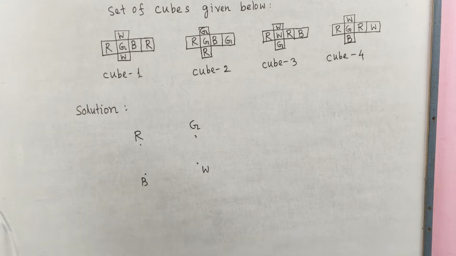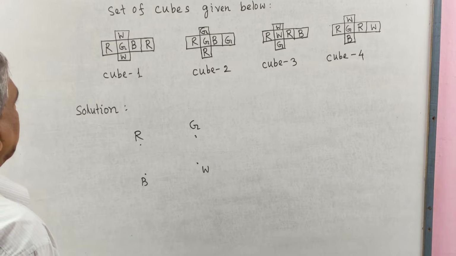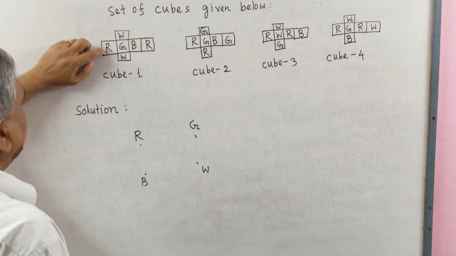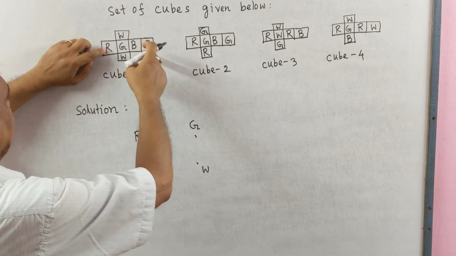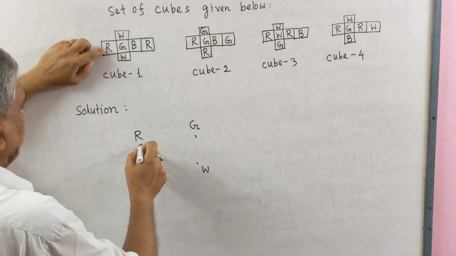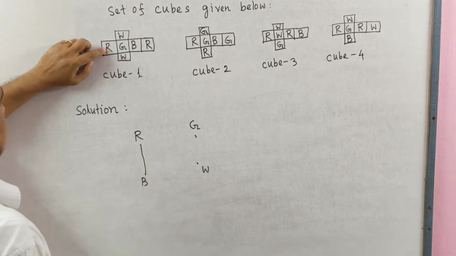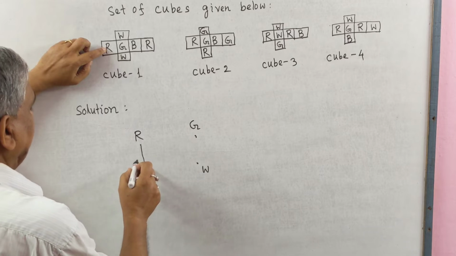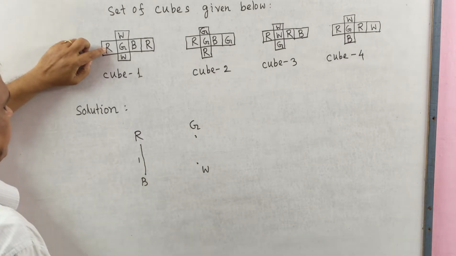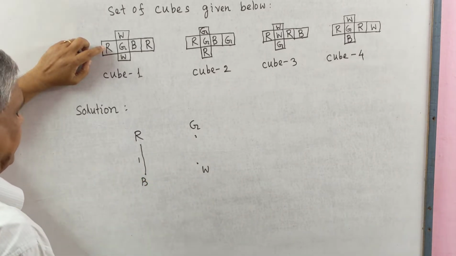Now we proceed for cube 1. Here left face is R and right face is B. So we join R and B and we give the label 1, as this is the first cube.